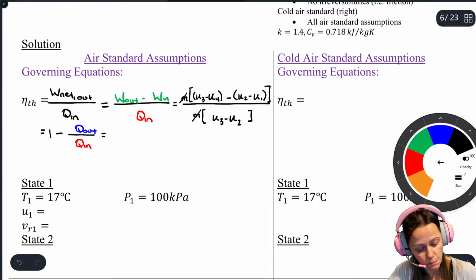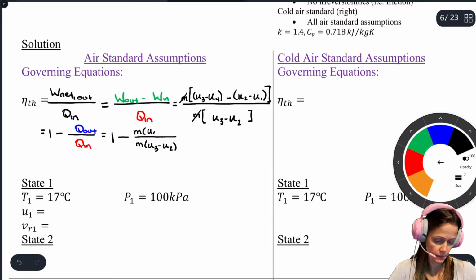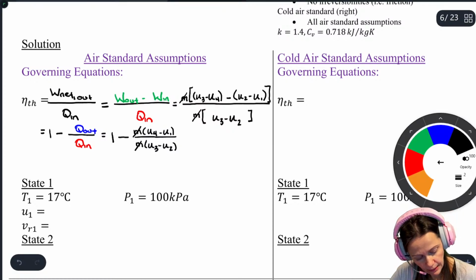And on the previous page, I've figured out what all of those things are. So the Q in is U3 minus U2, and the Q out was from 4 to 1, so it's going to be U4 minus U1. Of course, that mass is going to cancel out.